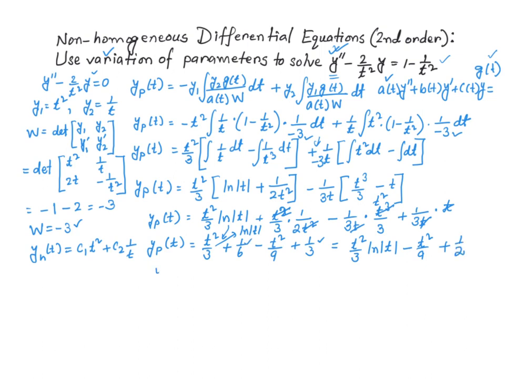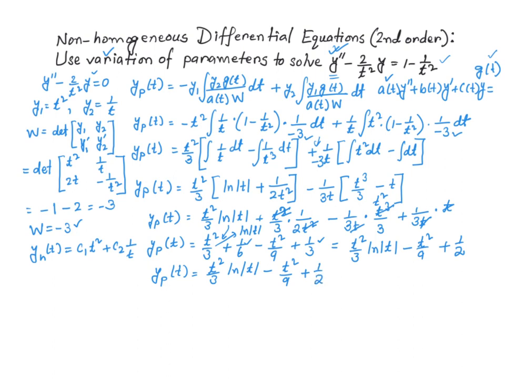So my y particular of t is going to be t squared over 3 ln of absolute value of t minus t squared over 9 plus 1/2.